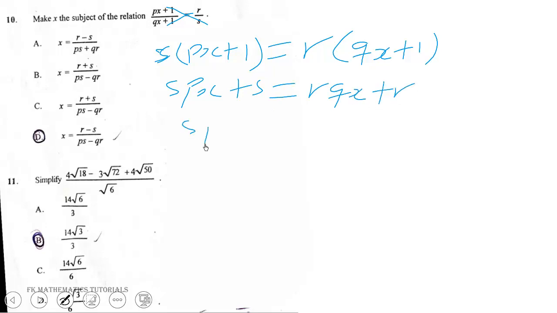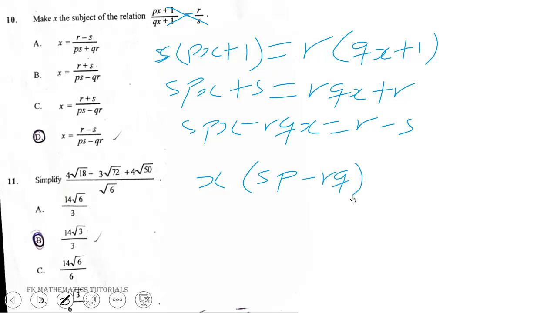Grouping the terms containing x, we have spx - rqx = r - s. Factoring x out, we have x(sp - rq) = r - s.